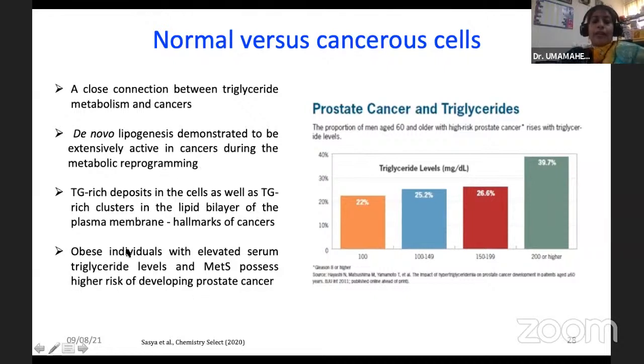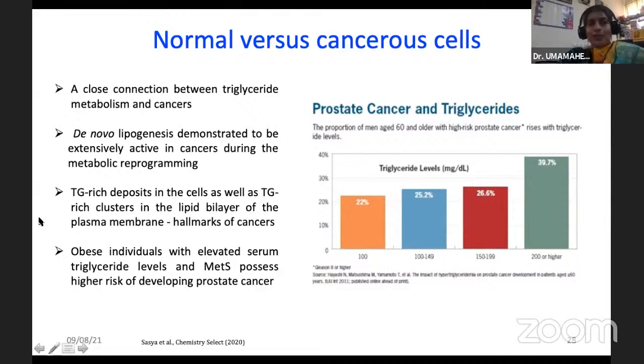There is also work where people have identified that obese individuals who have high triglycerides have been found to be more prone. I'm talking about men who are obese and have high serum triglycerides. They are more prone to develop prostate cancer. So there is a large association between the triglyceride levels and cancer.